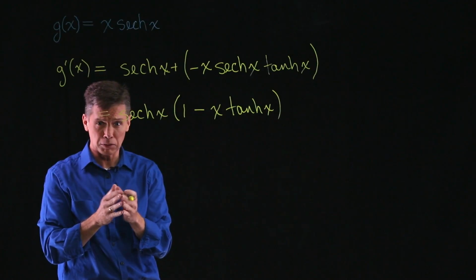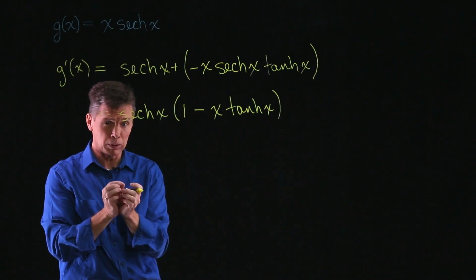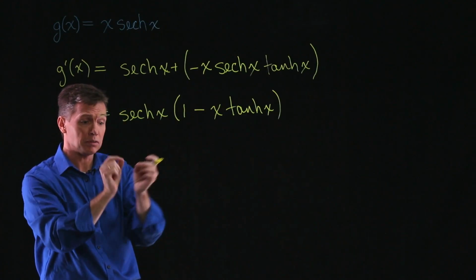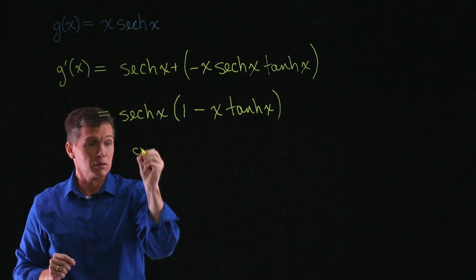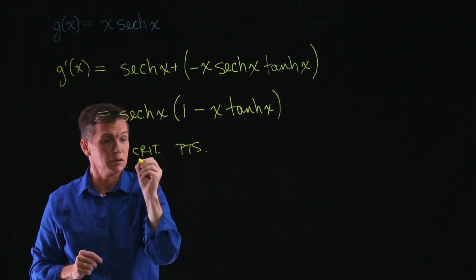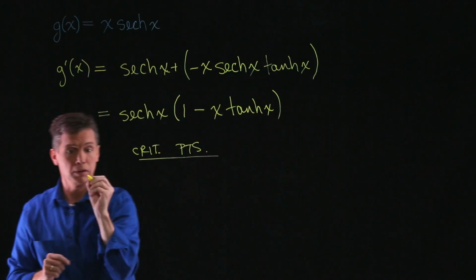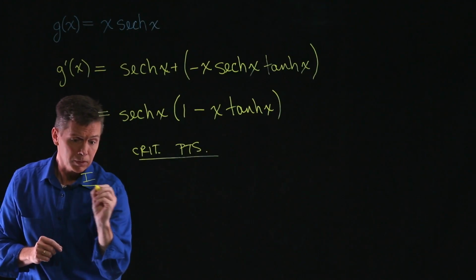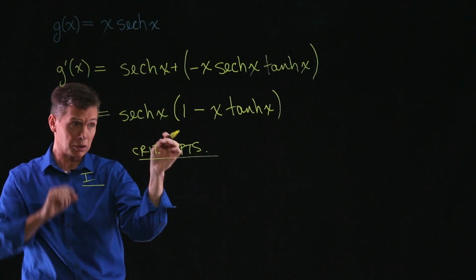We're trying to find relative extrema, so hopefully remember we need critical points. To get critical points, we take this derivative, and for critical points, if you recall, there's actually two types. Type 1 and type 2. Type 1 is where that derivative equals 0.